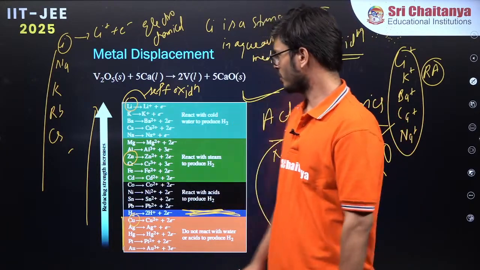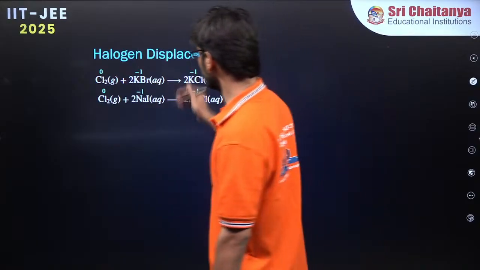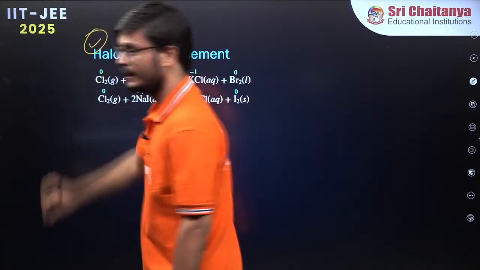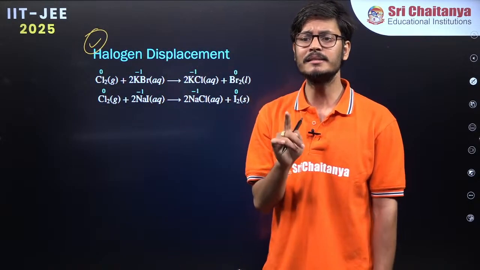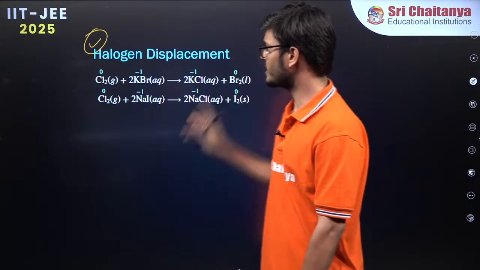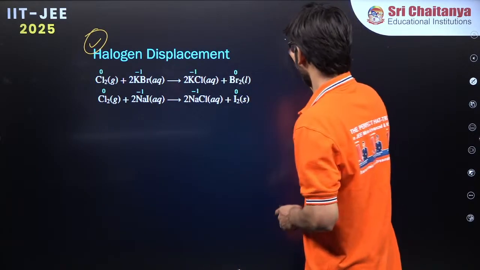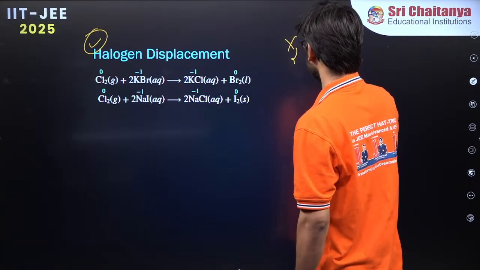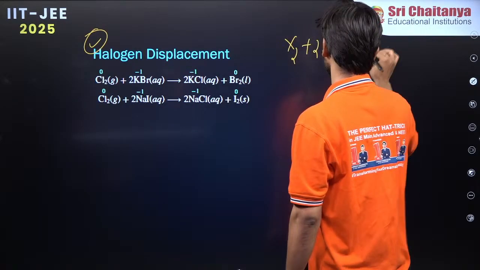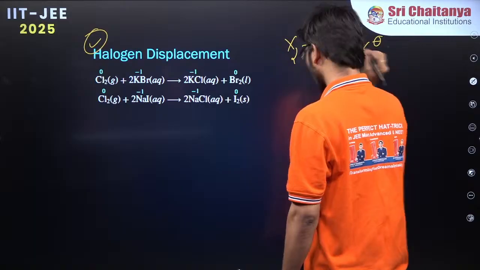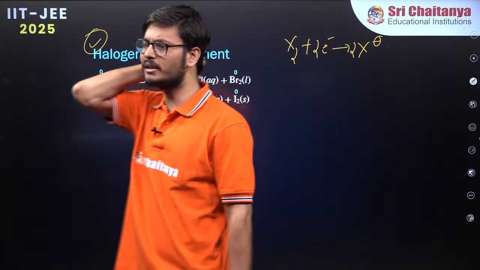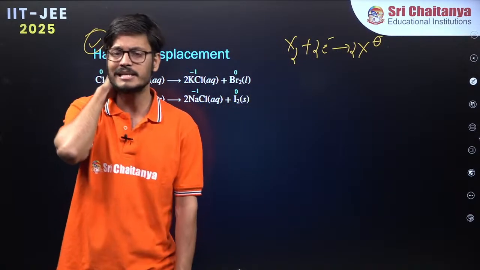Okay, so next one is halogen displacement. The first displacement we have studied is hydrogen displacement. Now we are starting halogen displacement. What is halogen displacement? Watch carefully, beta ji. All halogens accept electron and convert themselves into X minus. Why is that, sir?